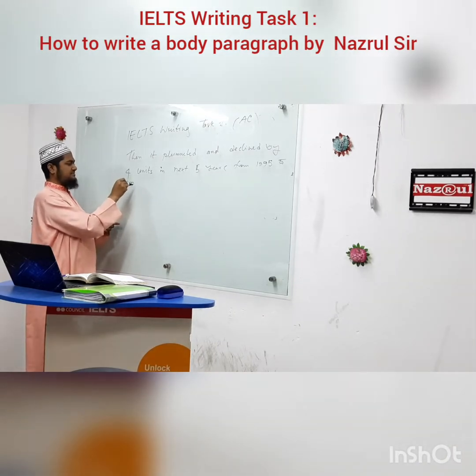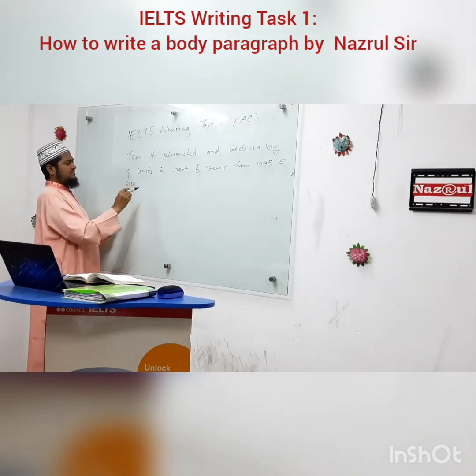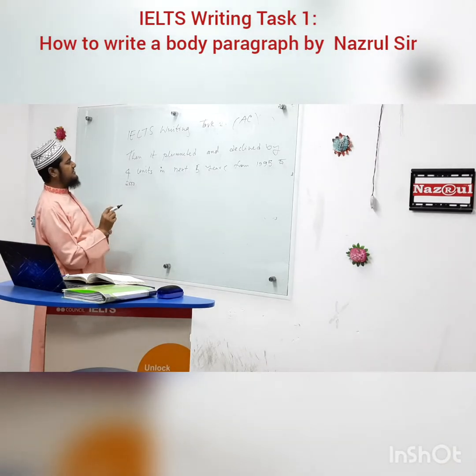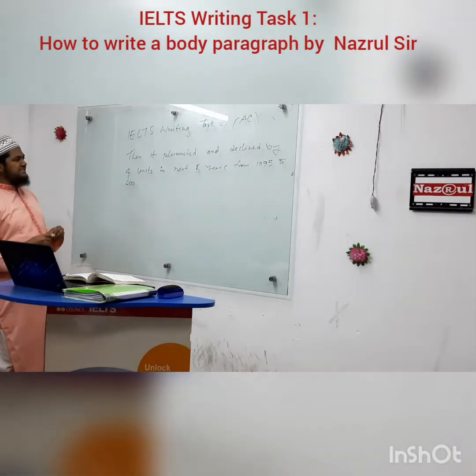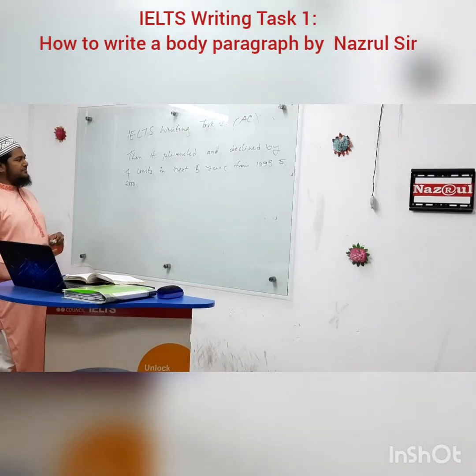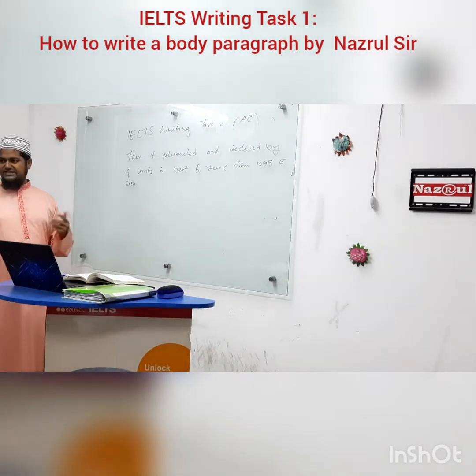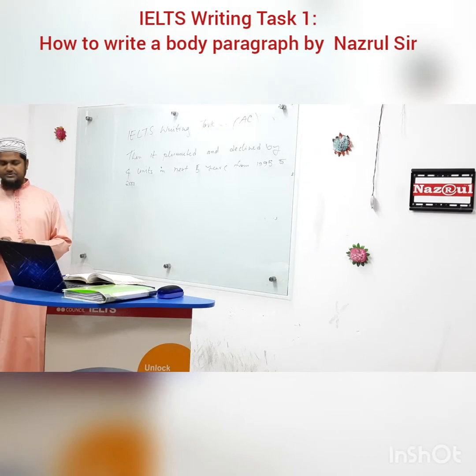See, then it plummeted and declined by 4 units in the next 5 years, from 1995 to 2000.